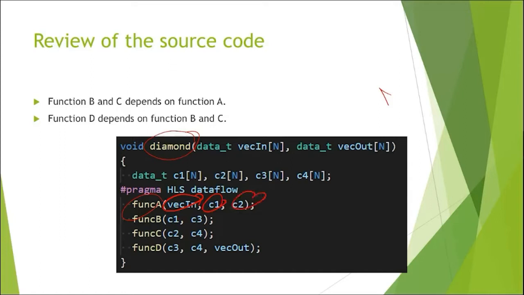C1 is the input of function B, and C2 is the input of function C. Also, function D takes the input of C3 and C4, which are the outputs of function B and function C. So we can see that function B and C depend on function A, and function D depends on both function B and function C.